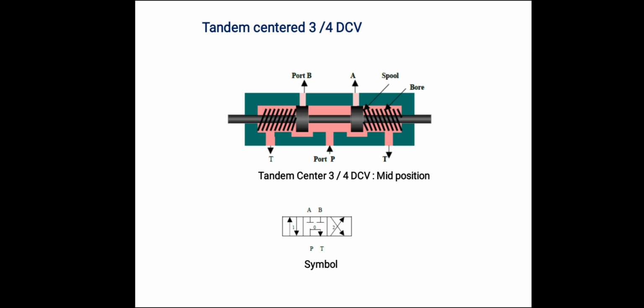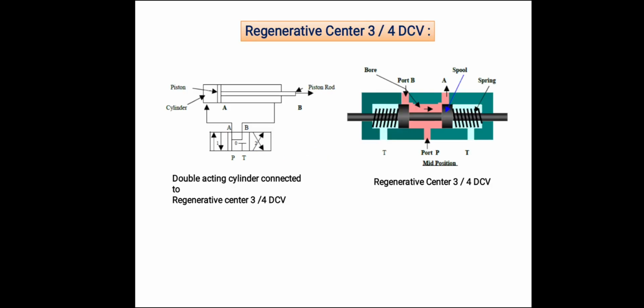Now the fourth type is the regenerative type centered 3x4 DCV. This is another type of common center configuration used in hydraulic circuits. Regenerative means the flow is generated from the system itself. Regenerative center is used whenever the actuator movement in one direction requires two different speeds.